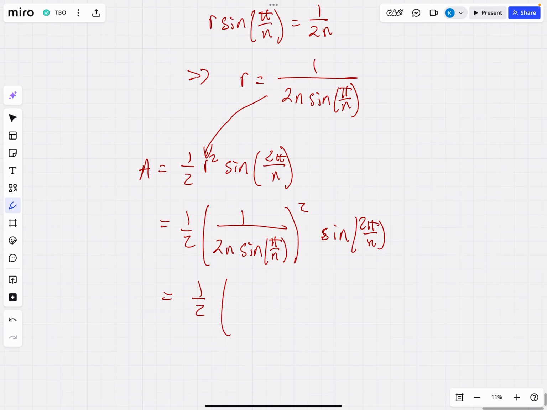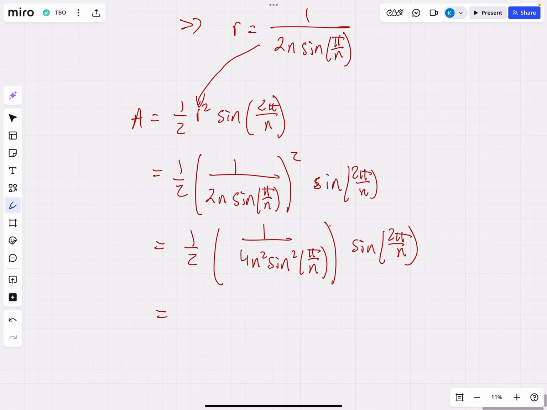So this is going to give me 1 over 4n squared sine squared pi over n times sine of 2 pi over n. Cleaning this up, I'm going to have sine 2 pi over n over 8n squared sine squared pi over n.